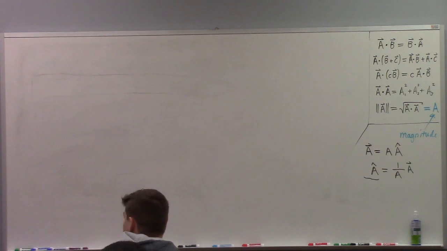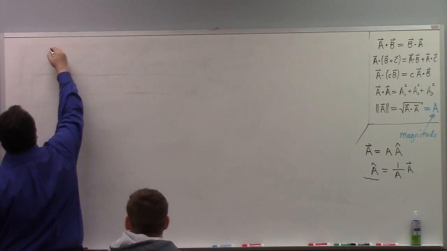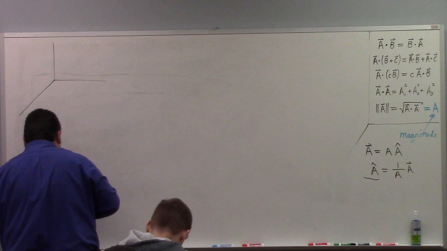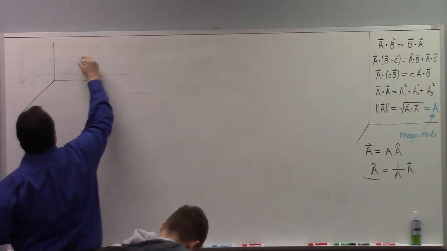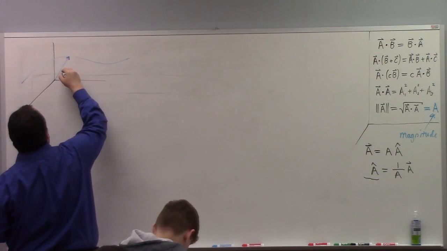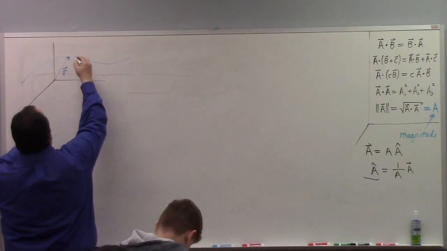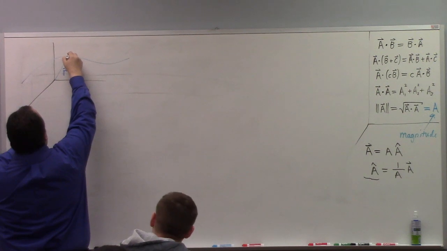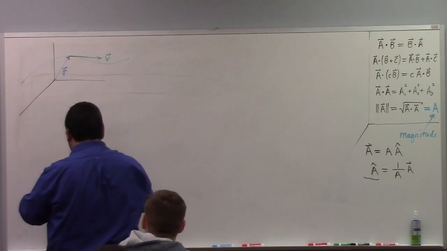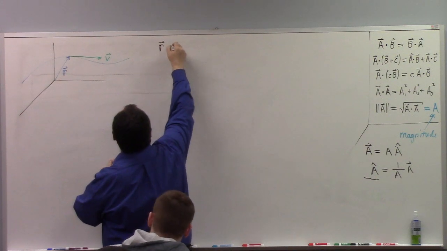So if we have 3 dimensions and some particle moving along some path, then at a particular point, we can look at its position, r vector. And at that point, we can calculate the velocity vector, maybe like this. What's the formula for all this? So we have r as position.